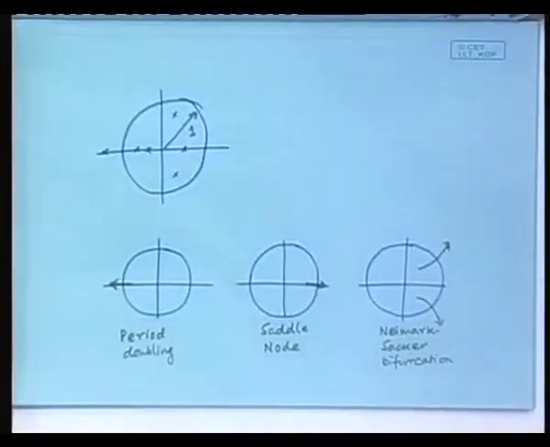Where the bifurcation diagram would look much the same like the period doubling bifurcation. Only thing is that in period doubling, what is created is a period 2 orbit, while in this case what would be created are 2 period 1 orbits, both stable. Okay. I also said that they are somewhat rare situations.